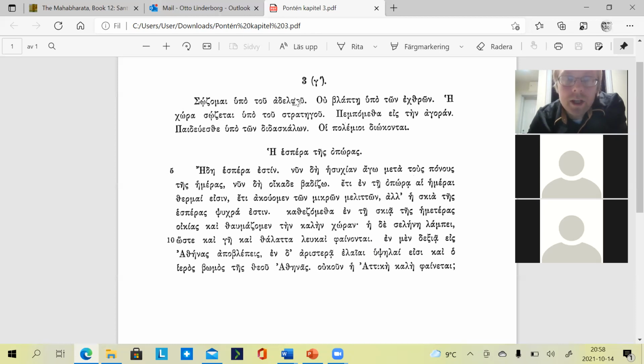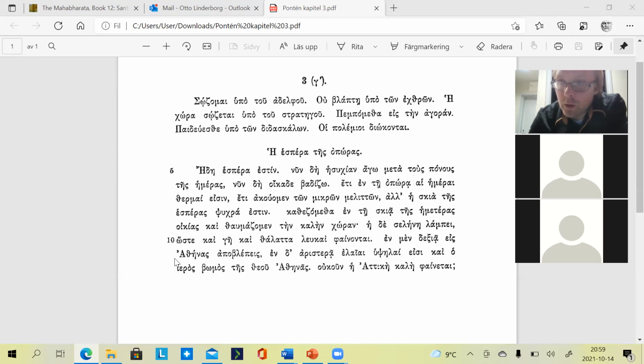Okay, then we have another longer sentence, which we can again break down into clauses. En men dexia eis Athenas apopleppes. What could that mean? Christina: on the right side you see Athens. Very good. It's Athens. It's here in the plural, actually, Athenas, feminine accusative plural, because Athens is Athenai in the nominative.